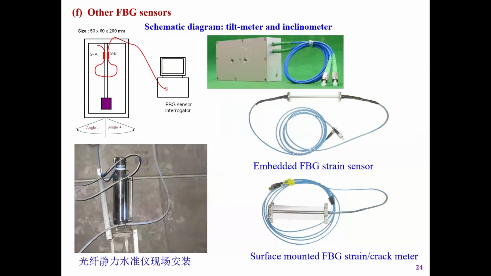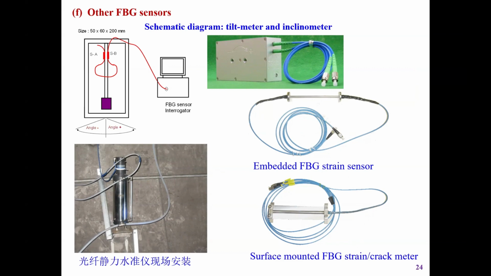We can also design sensors to measure tilting. This is a cantilever beam. Put two fiber sensors over here. This is a dead weight. Imagine you put it vertical, and this is a dead weight.